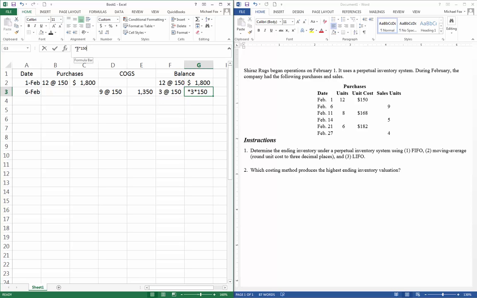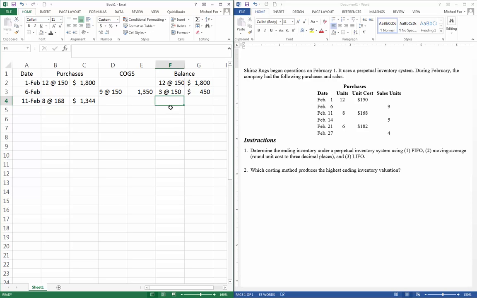Just start that cell with an equals to tell Excel I'm doing a function or a formula there. Okay, so it's pretty easy to do first in, first out or anything else when we only have inventory that we paid one price for, right? But now we're going to make it more complicated. So on the 11th of February, we purchased 8 more units at a price of $168 a piece, or $1,344.